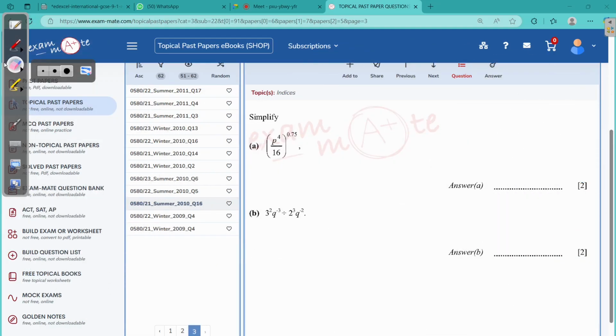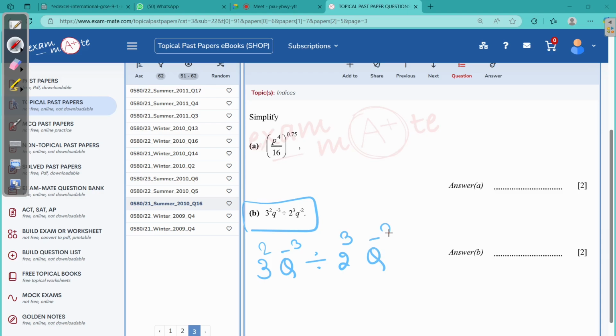Now, let us try the next one. I hope you can answer this. It is 3 square q raised to power minus 3 divided by 2 raised to power 3 and q raised to power minus 2. Please tell me the final answer.